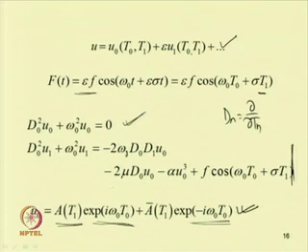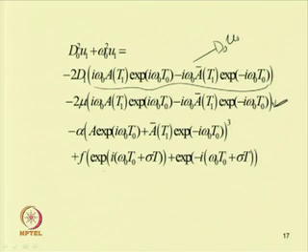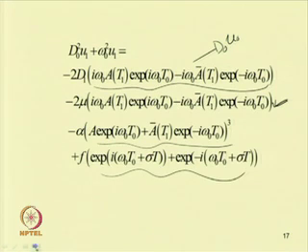And then for alpha u cube, expanding (a plus b) whole cube, if you apply that formula, it will be a cube plus b cube plus 3 a square b plus 3 a b square. So, by applying that, we can expand this term, and then this is the forcing term. So, now expanding these terms and killing the secular term.